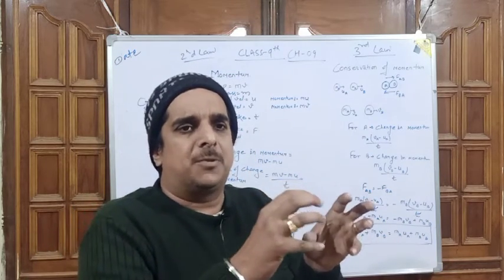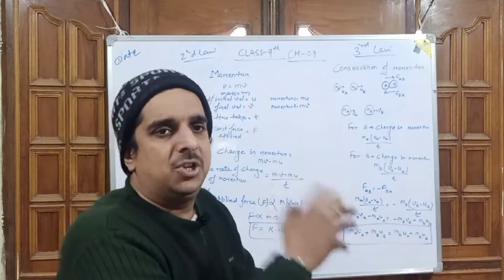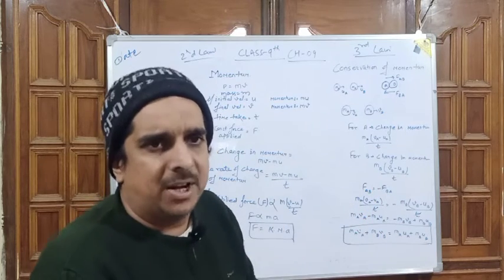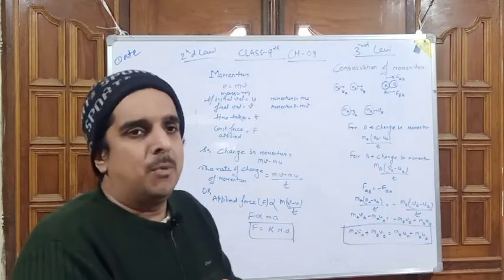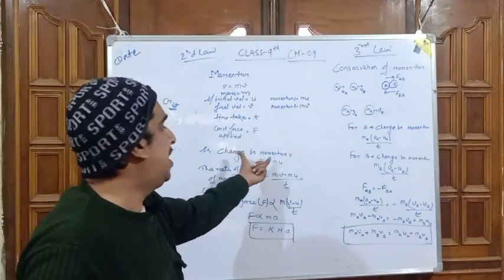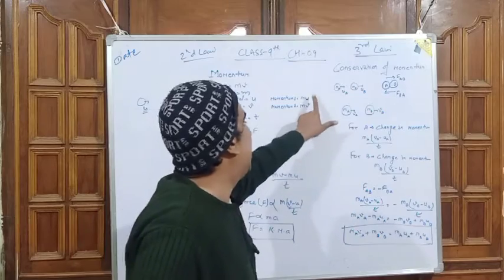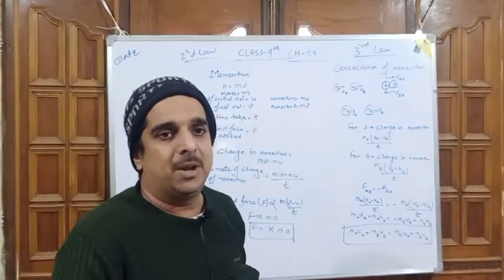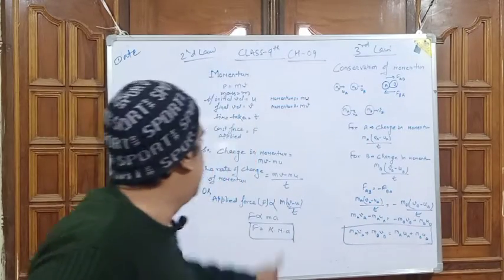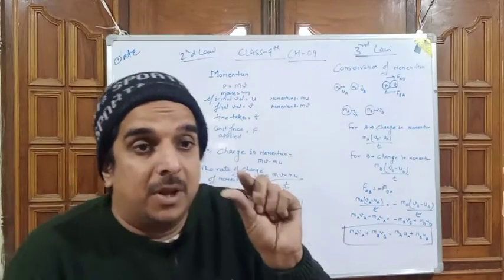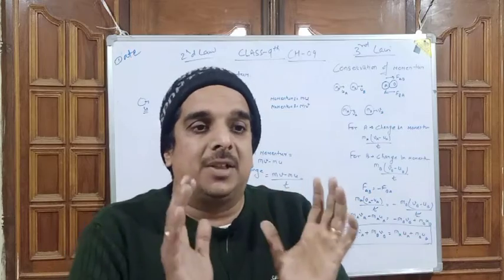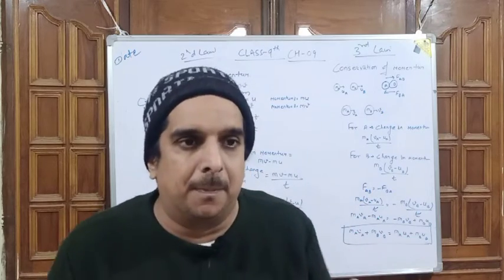Simply we will subtract the initial momentum from the final momentum. So the change in momentum is equal to mv minus mu. Now mv minus mu is nothing but the change in momentum.